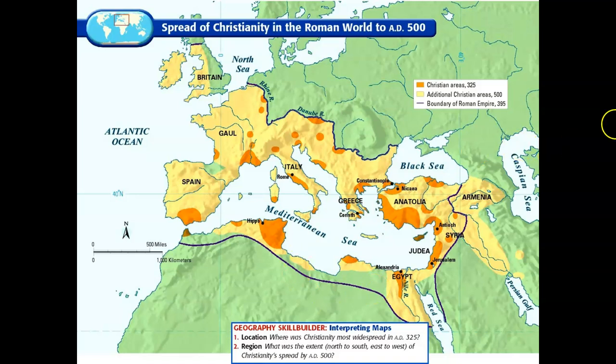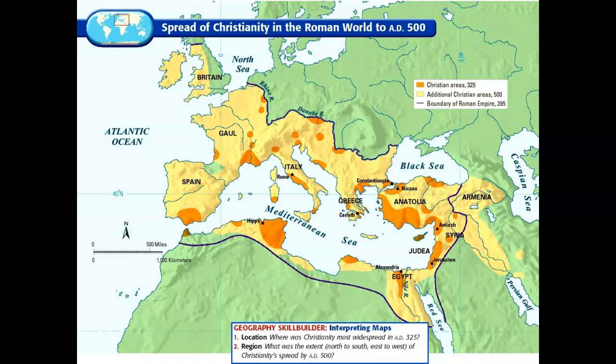So you can see not only Europe, parts of Northern Africa, also areas of modern day Turkey and Syria and Israel. All of this territory that's in these blue lines would be the Roman Empire somewhere around the year 395. Okay, and it's a massive empire, kind of on the decline by 395, but still we can see a really massive empire.